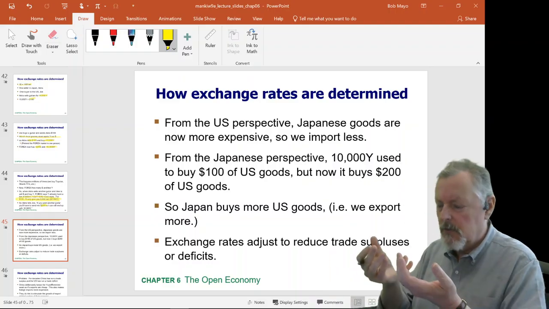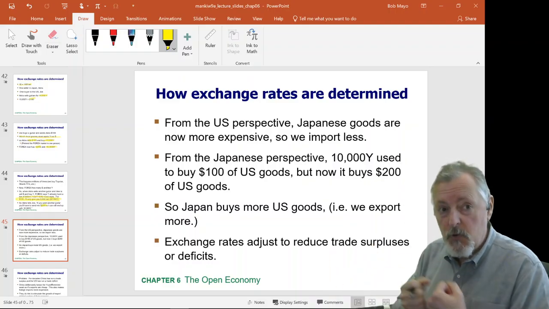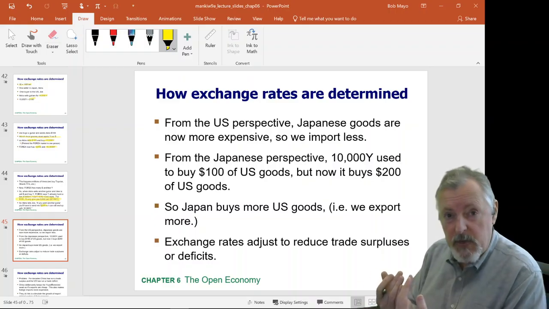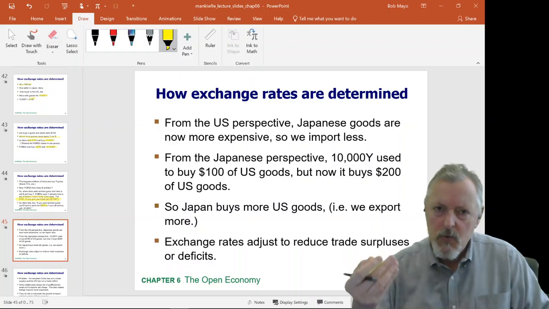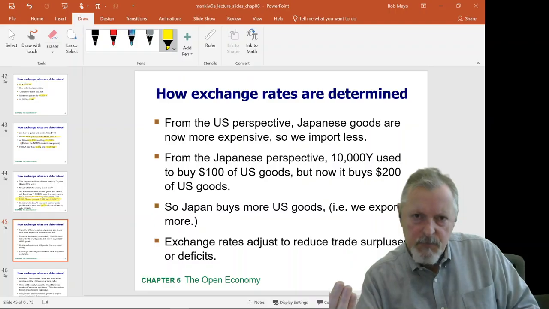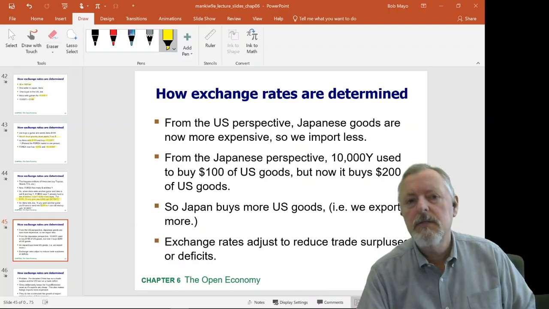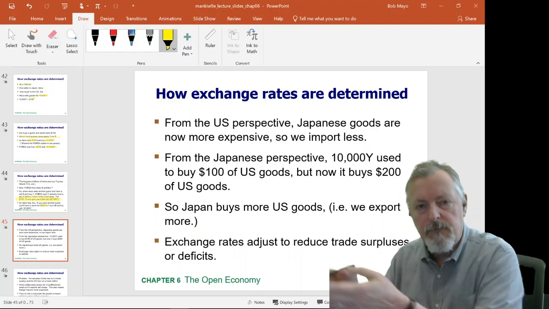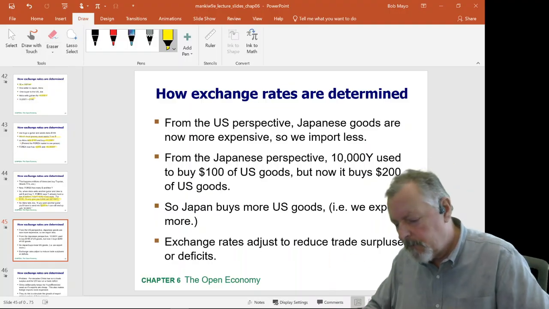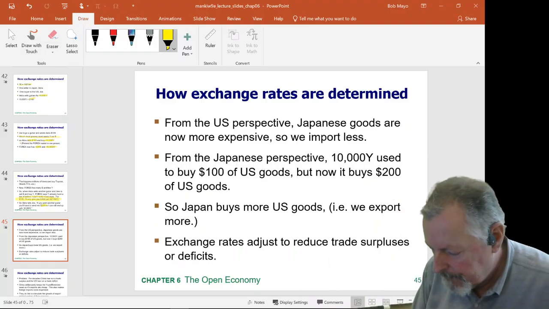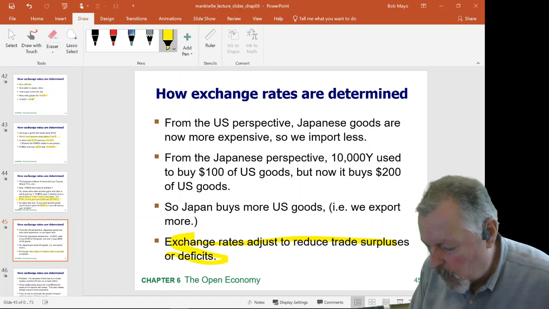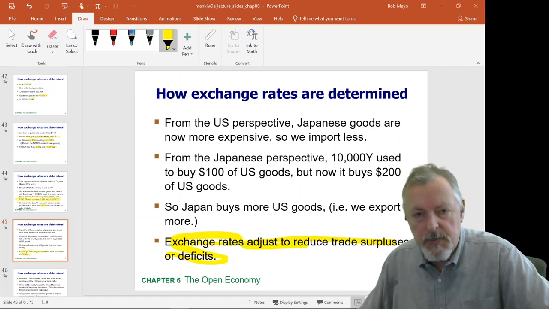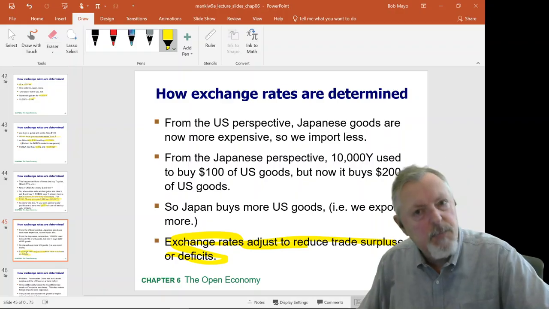So just as we would buy fewer Japanese goods because imports are more expensive with a weak dollar, Japanese people would buy more American goods because our exports to them are cheaper for them to buy. Which is why the exchange rate, in large part, determines net exports.